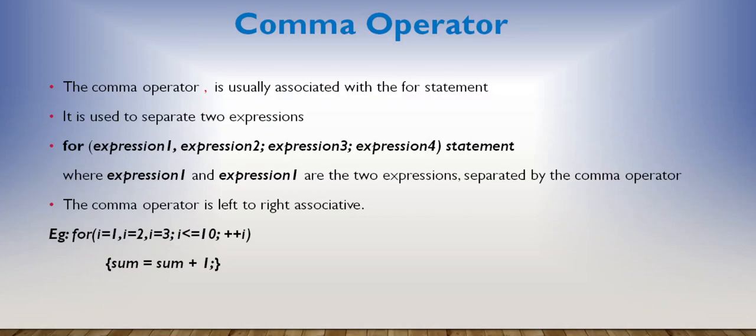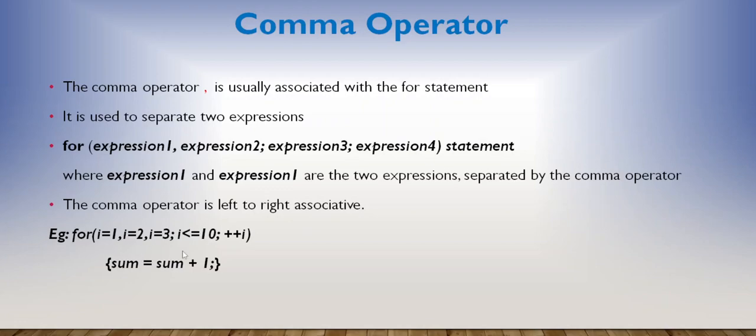And there is also one special operator called the comma operator, that is associated with the for statement generally. So you can have more than one initial expression, more than one condition, more than one incrementation, decrementation. Here you can see expression 1 and expression 2, both are initializations, but they are separated by commas. And the comma operator is left to right associative.